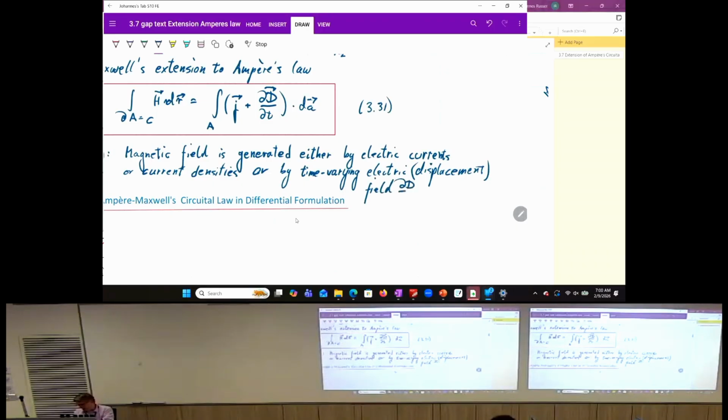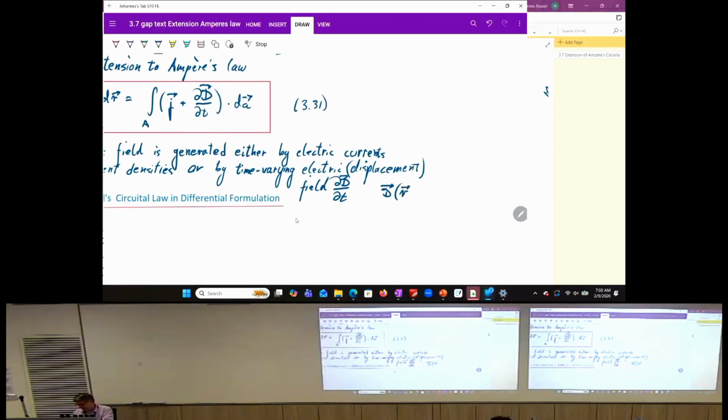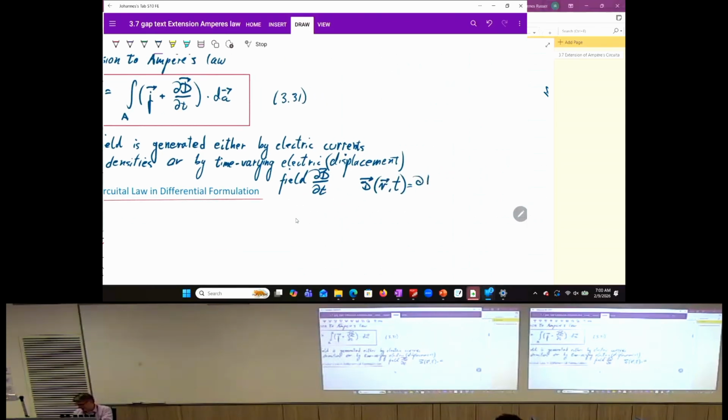Field D. So you have for the electric flux density now not just a spatial but also a temporal dependence. And then if you take the partial derivative with respect to time, this partial derivative only acts on the time component. That's just a note on the side.